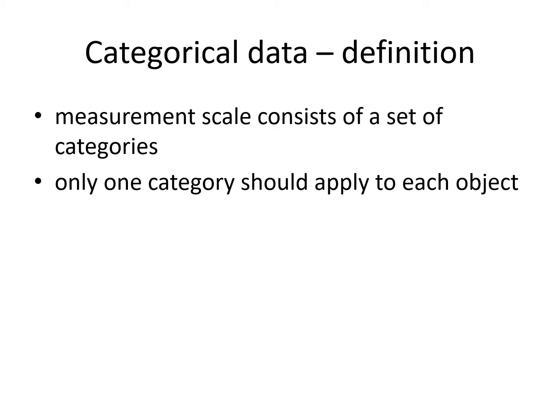Okay? So think of shirt sizes, small, medium, large. Right? That is the scale on which you're recording your data, and it only comprises a set of categories. And importantly, each object or each observation can only fall into one category. You can't have a t-shirt that is both small and large.